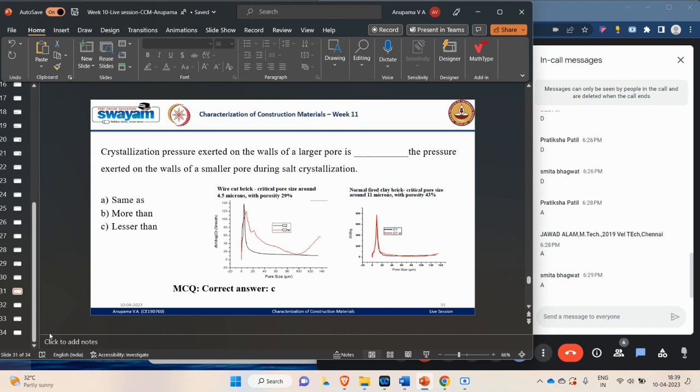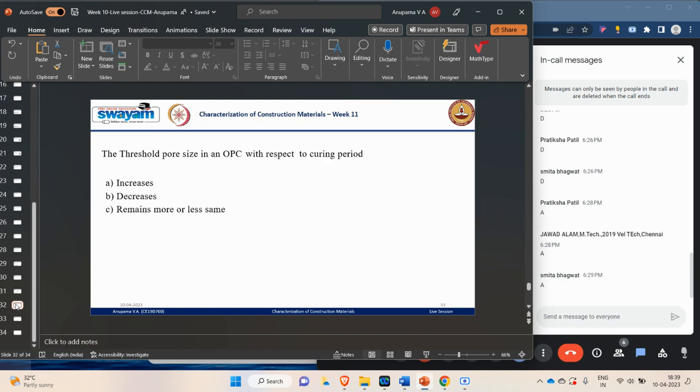Okay, let's move to the last question for today. The threshold pore size in an OPC with respect to curing period increases, decreases, or remains more or less the same.